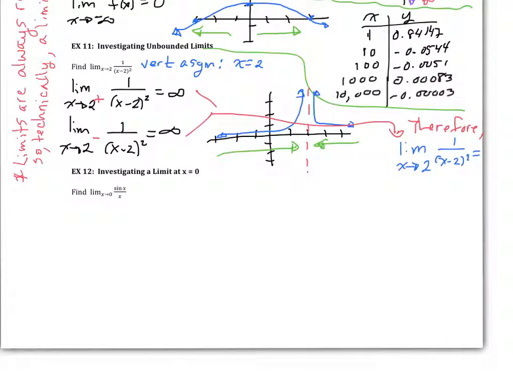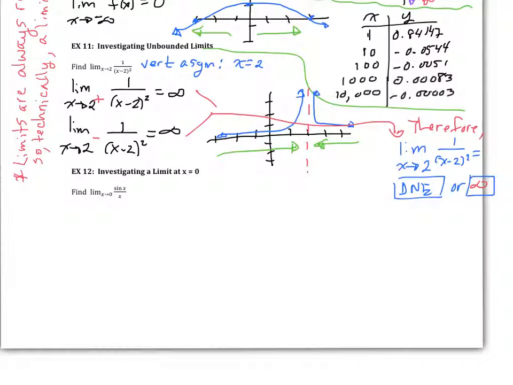I still say that the limit does not exist. I still maintain and hold that true, or your book quite possibly will say positive infinity, right? Because that left and right hand limits agreed. And if you want to, be on the safe side and put both down there, that's fine.